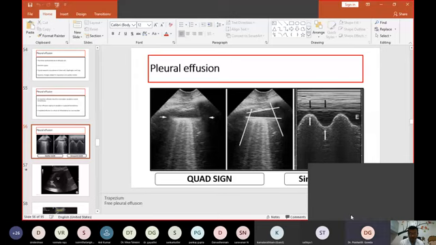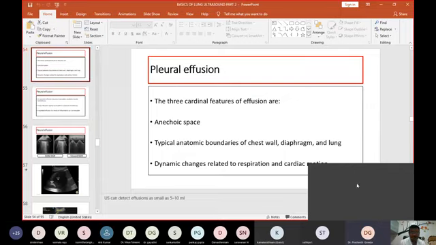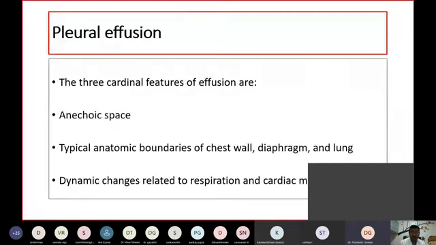Pleural effusion. Next slide. It's stuck on the same slide, sir. Now change. Now see whether we are moving ahead.